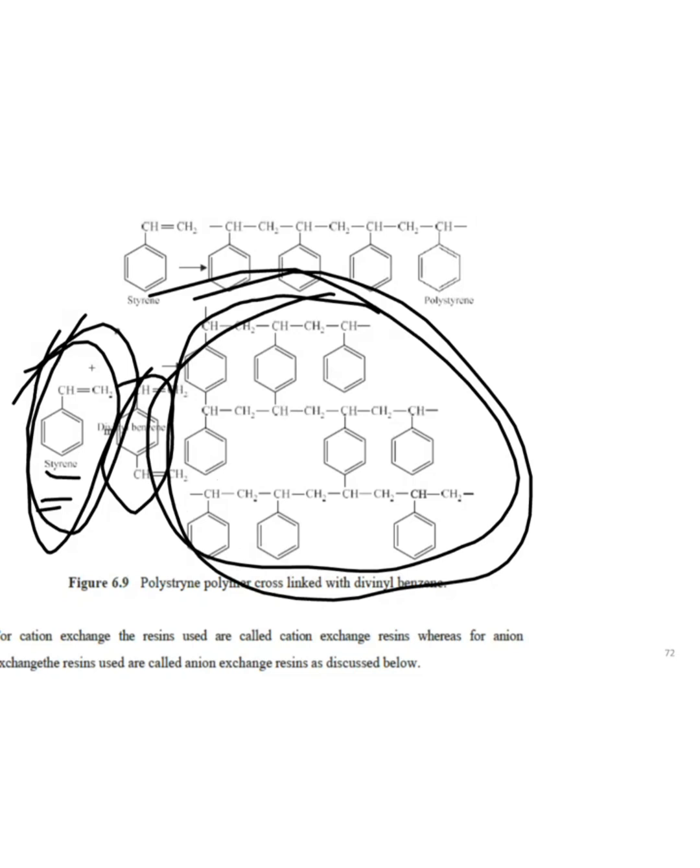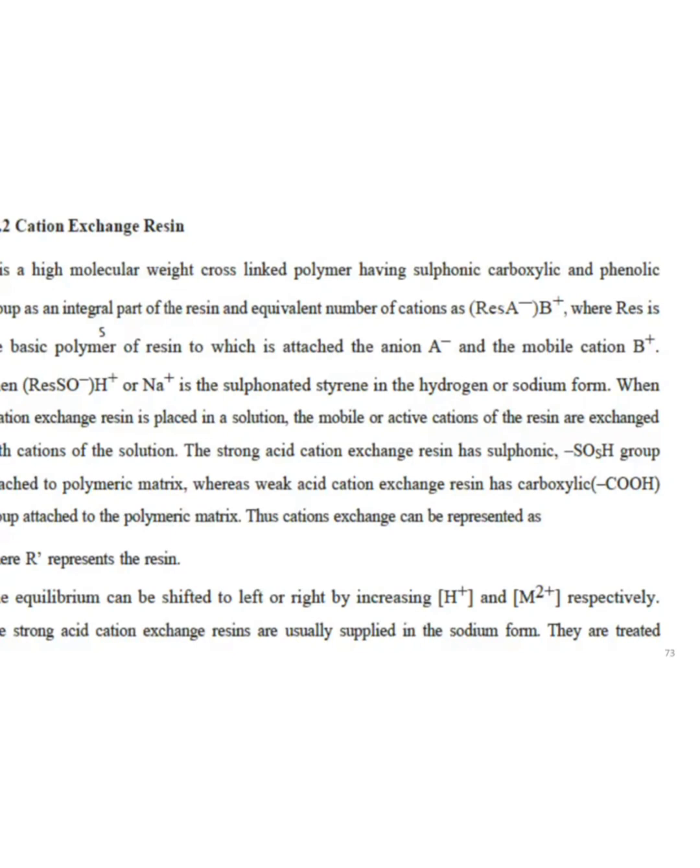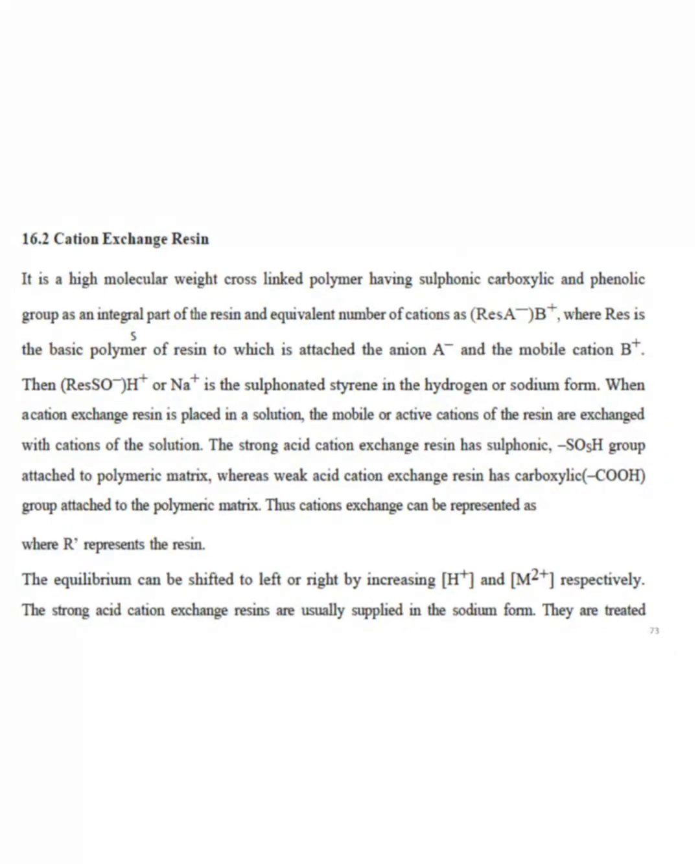The resin used in cation exchange is called a cation exchanger. Here cations are exchanged between the mobile phase and stationary phase. An ion exchange resin of the other type is called an anion exchanger resin. This is the example; if you get into the topic, you will see it here.